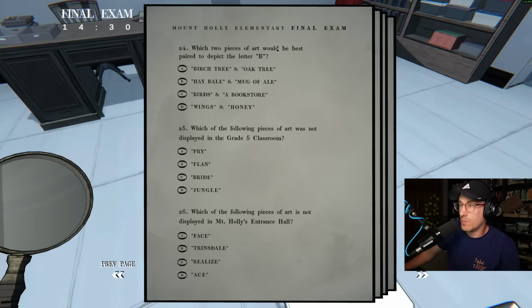Which 2 pieces of art would be paired to depict the letter B? Bale and ale. Birch and oak would not be it. Birds and a bookstore. No. Wings and honey. It would be bale and ale.